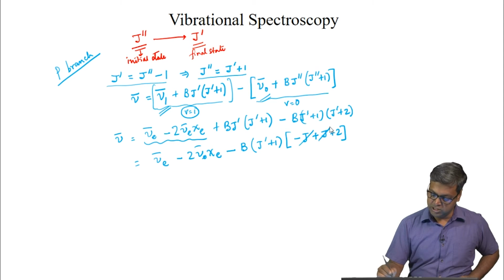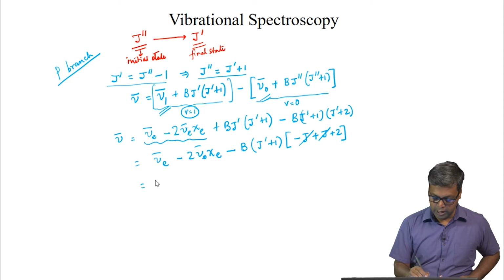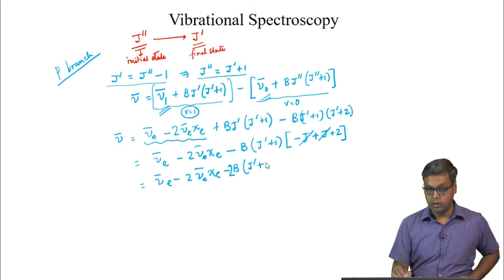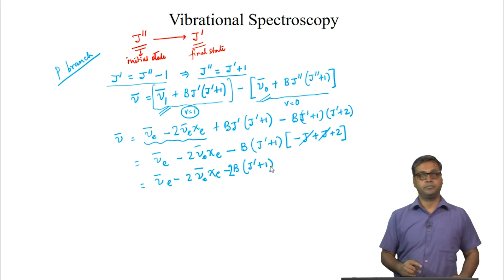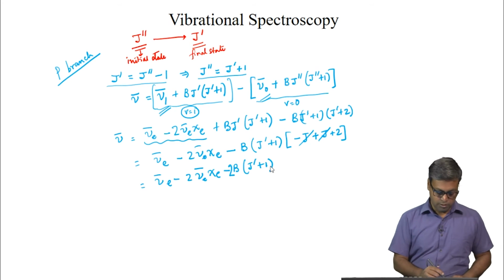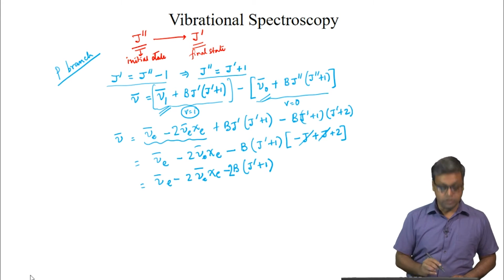So, this J cancels out. So, we have nu bar E minus 2 nu bar E chi E minus 2B times J prime plus 1. This is for the P branch.